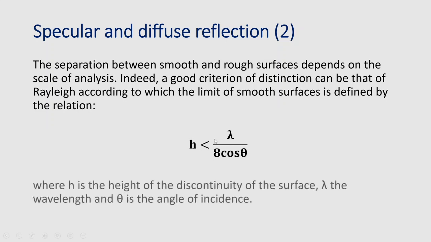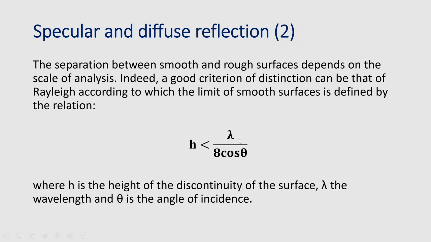Yes, of course, and this depends on the lambda value. That ratio could be greater than the difference of the discontinuity on the ground only when lambda is very big.